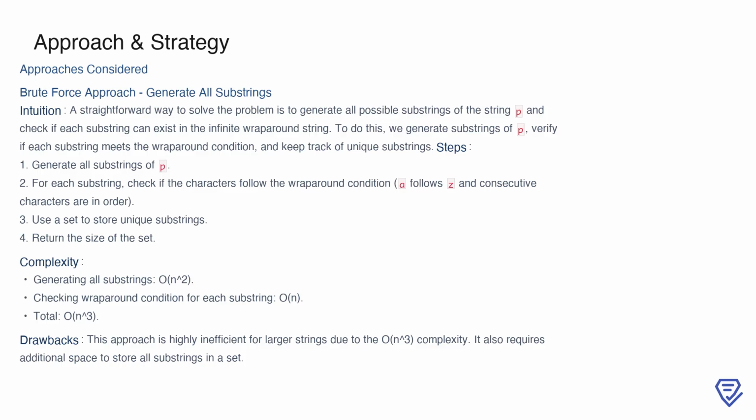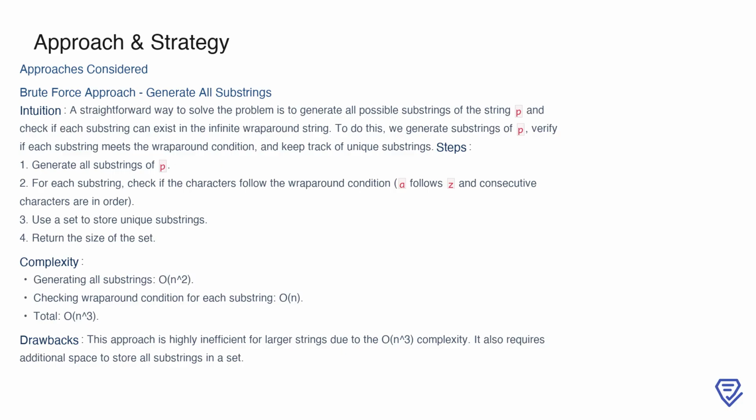To solve this problem, one approach we might consider is a brute force method where we generate all possible substrings of the input string P. The intuition here is straightforward. We check if each of these substrings exists in the infinite wraparound string, which is essentially the alphabet repeated infinitely. To do this, we would generate all substrings of P, then verify for each substring whether its characters follow the wraparound condition.